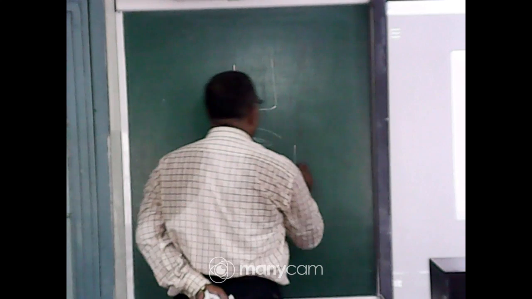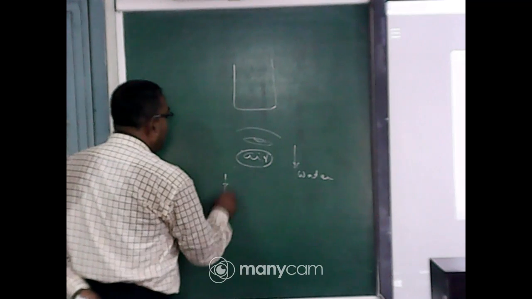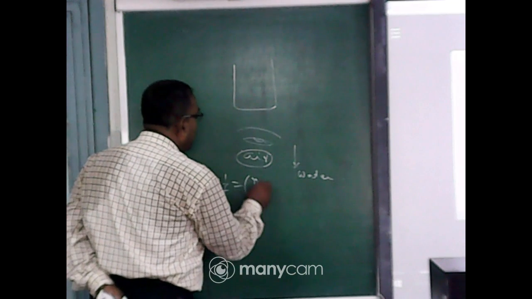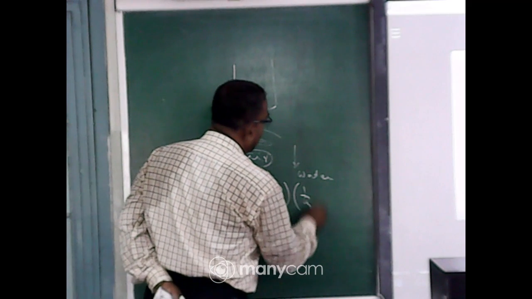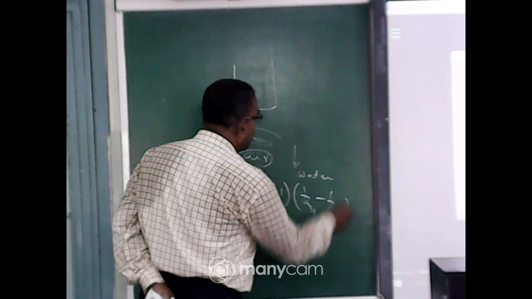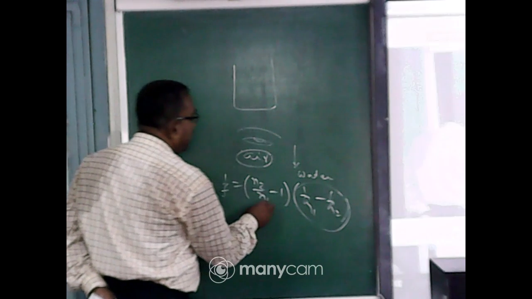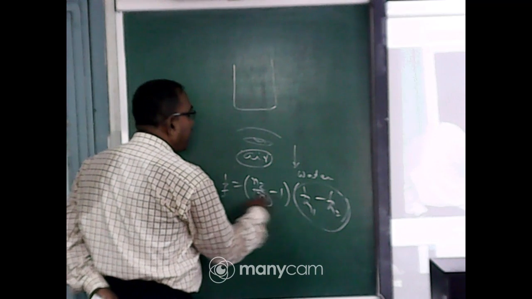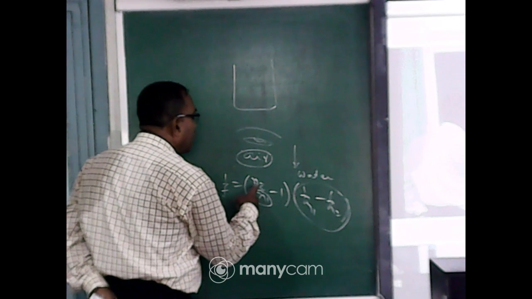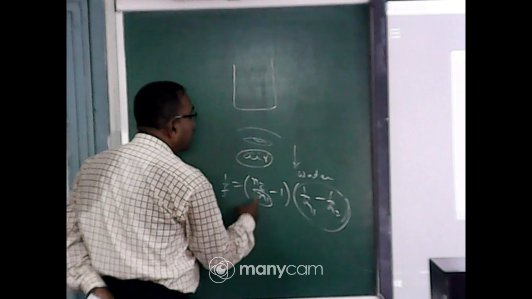But when you dip it in water, that time, do you know it? The focal length: 1 by f equal to (n2 by n1 minus 1) into (1 by r1 minus 1 by r2). So this is fixed, no problem. So n2 by n1, when n1 is 1 here, that time the value is 1.5 minus 1, 0.5. So 1 by f equal to 0.5.